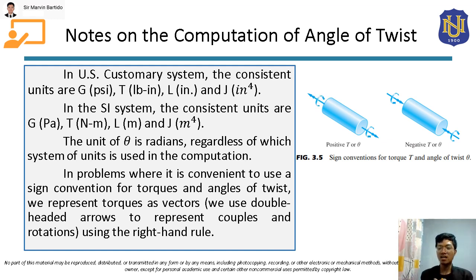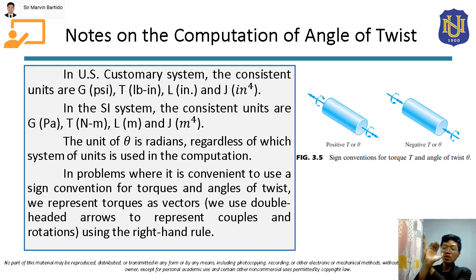So this is my right hand. Here, class, the rotation of the torque is clockwise. Again, this is the cross-section, and the rotation here is this way. Since the rotation is clockwise, the torque is clockwise. So this is how our right hand will rotate clockwise, right?